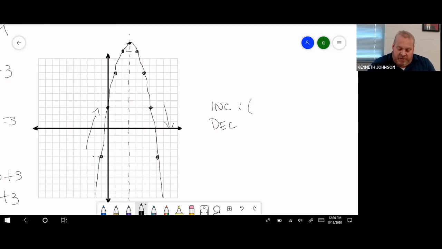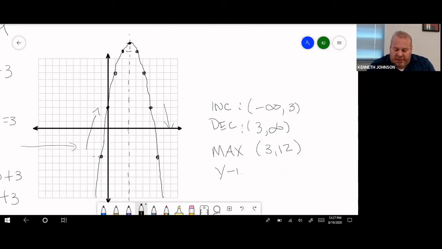So it's increasing from, as I go this way, from -infinity, all the way till our vertex, and our vertex occurred at 3, and then it's decreasing from 3 to infinity. If I asked about a maximum or minimum, it's going to have a maximum at 3, 12.